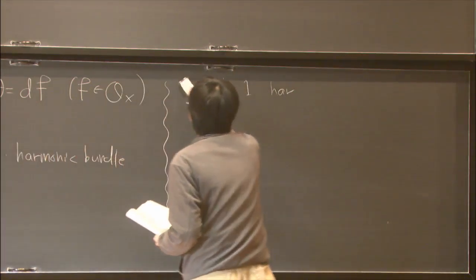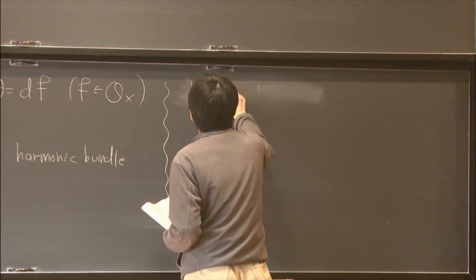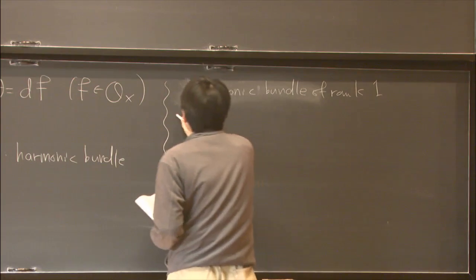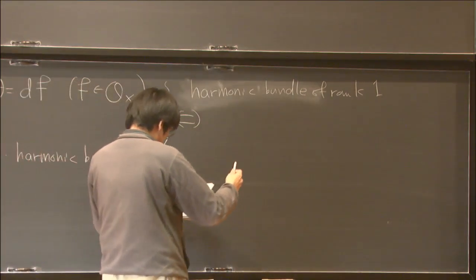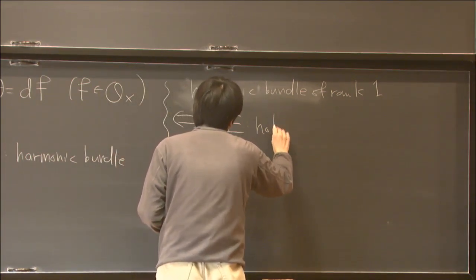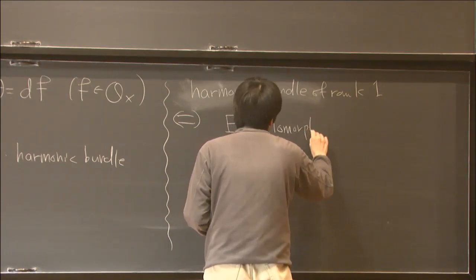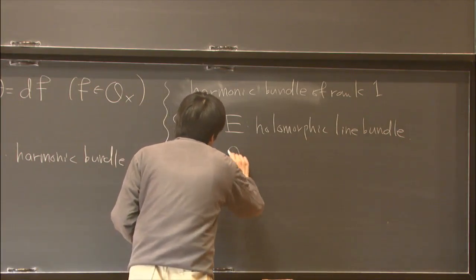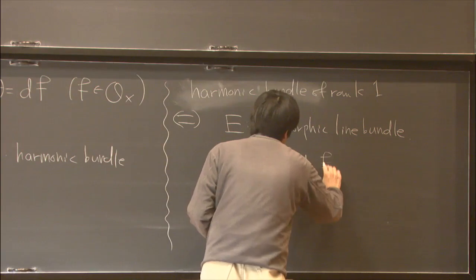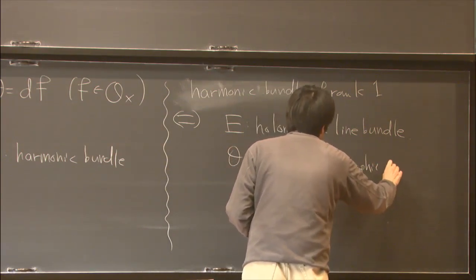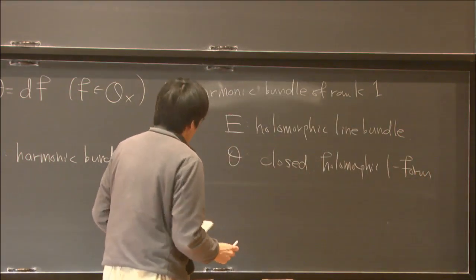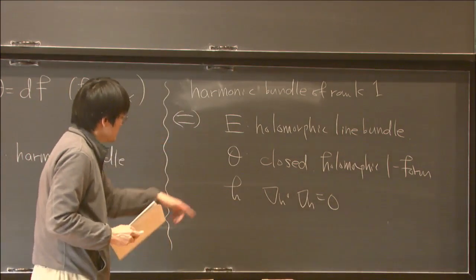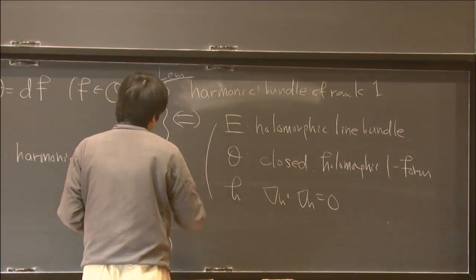A harmonic bundle of rank 1 is just a triple of a holomorphic line bundle, a closed holomorphic one-form, and a metric h for which the Chern connection is flat, integrable. Maybe it's better to say this is a lemma.